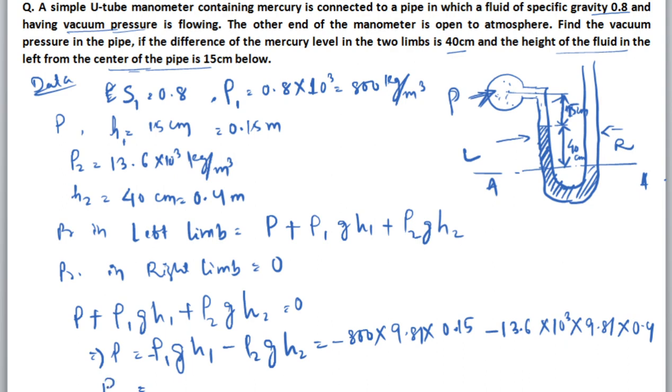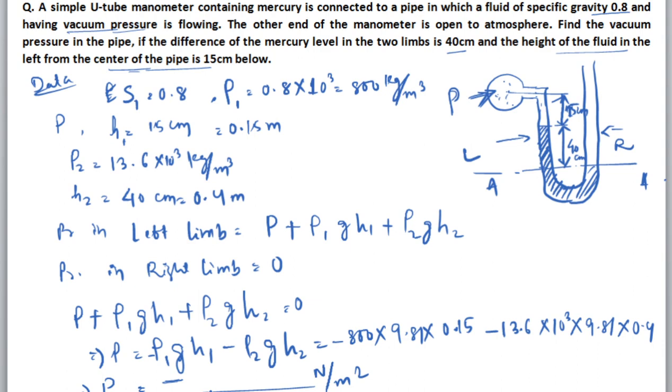So from this you can easily calculate the value of P in Newton per meter square. As it is vacuum pressure, the pressure will come out negative. So from this you will get the vacuum pressure of the liquid flowing inside the pipe.